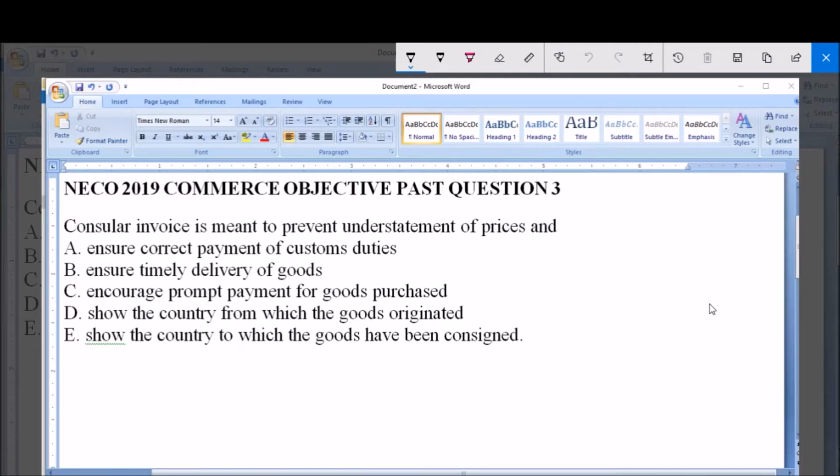So what we are looking at here is a consular invoice. One of its functions has been given to us, which is to prevent understatement of price. So what is another function of the consular invoice?